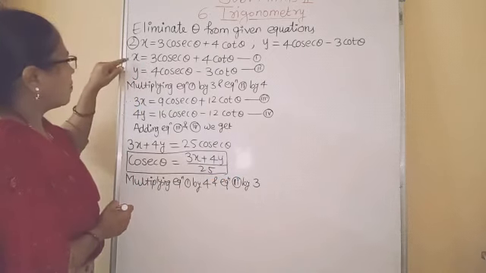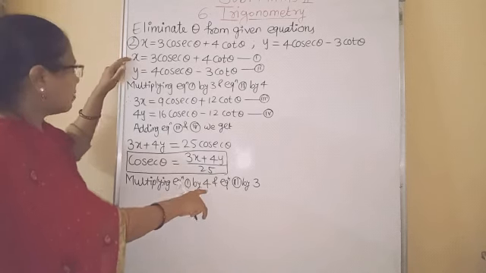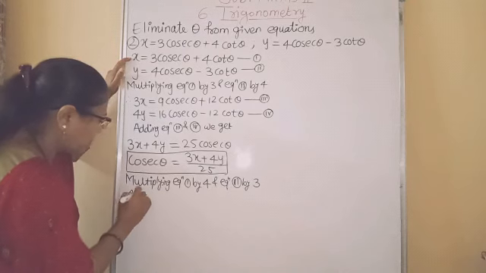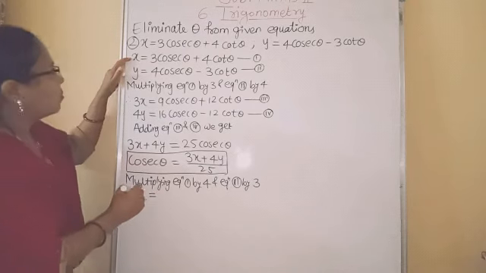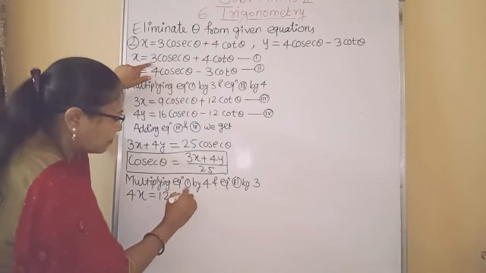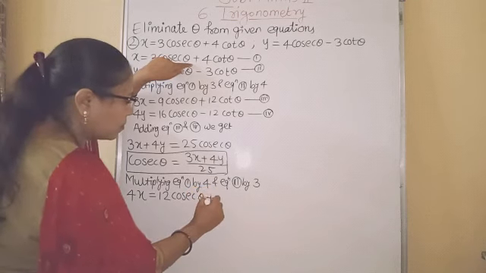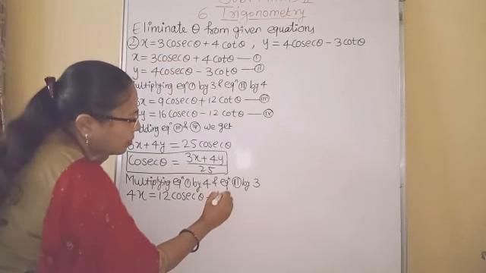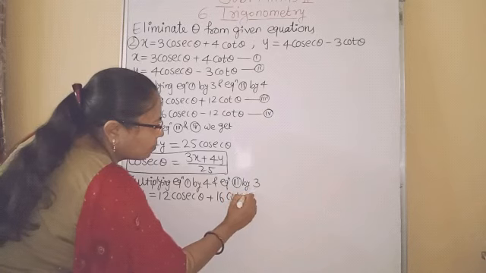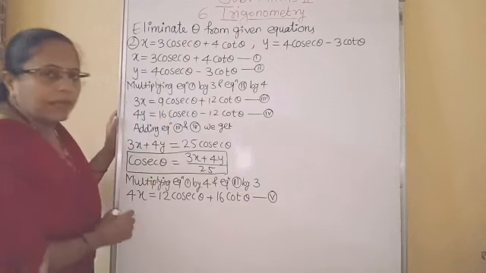Okay, so we will get equation 1. The first equation we have to multiply by 4. So here we will get 4x equals 3 fours are 12 cosec theta plus 4 fours are 16 cot theta. This is our new equation number 5.